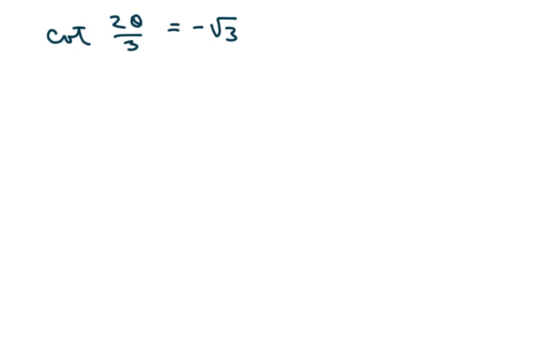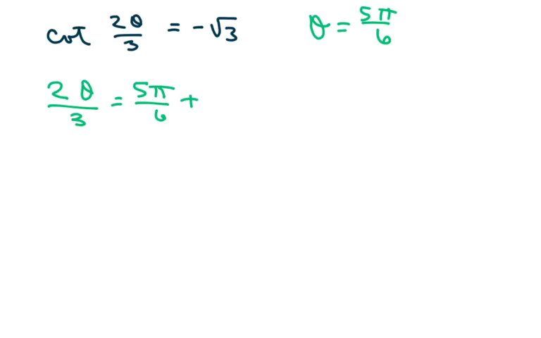Okay, one more. Same thing for this one. I'm going to go a little faster on this one. So we solved for theta, and theta for cotan would be 5 pi over 6. And then we're going to set 2 theta over 3 equals 5 pi over 6 plus k pi.